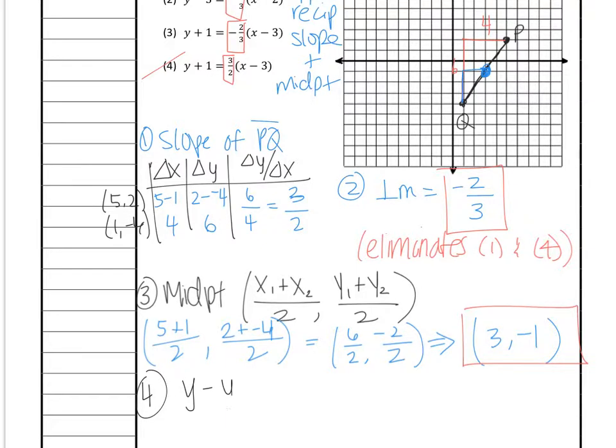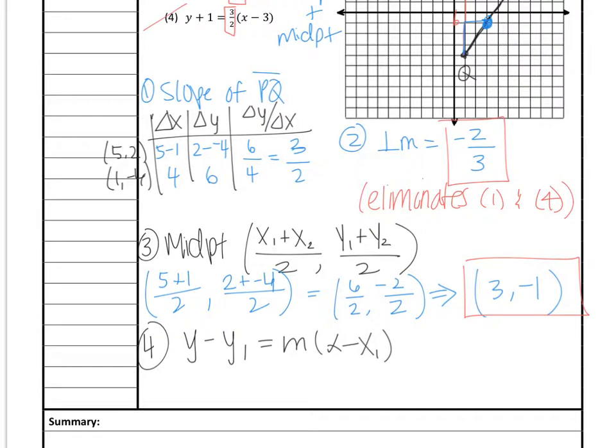So we have y minus y1 equals m times x minus x1. You can see that the equations up top are written in this form. So once we plug everything in, we don't need to do anything as far as like distributing to get into y equals. So remember that this midpoint represents x1, y1. So when I plug in, I have y minus -1 equals our slope, which was -2/3, times x minus our x1, which was 3.